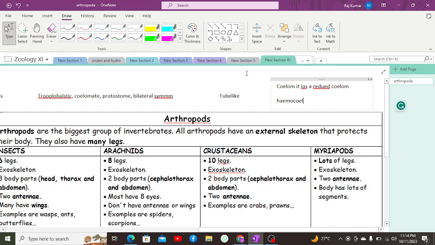That is where we get the idea of its circulatory system. The circulatory system is composed of a heart and blood vessels.